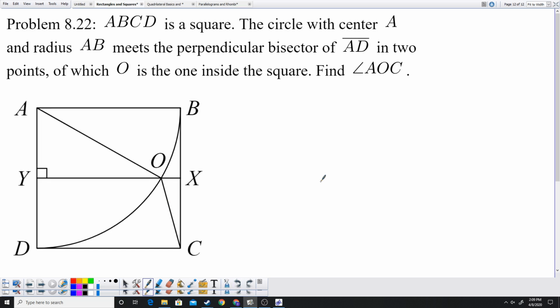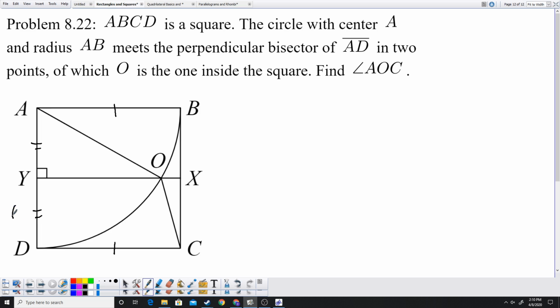So let's look at some of the information it tells us. It's a square. All the side lengths are the same. And since the radius AB meets the perpendicular bisector of AD, that's this line YX here, it meets at O. So YX is a perpendicular bisector, which implies that these two sides are the same because it splits it in half.